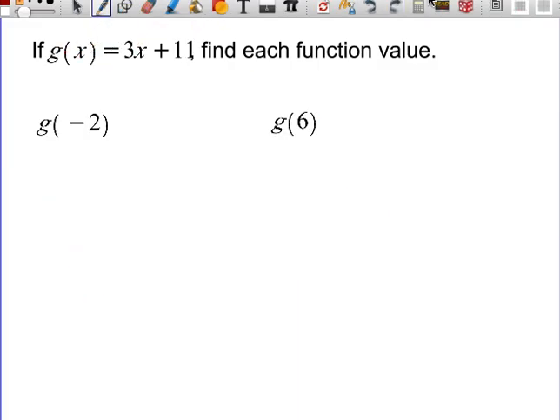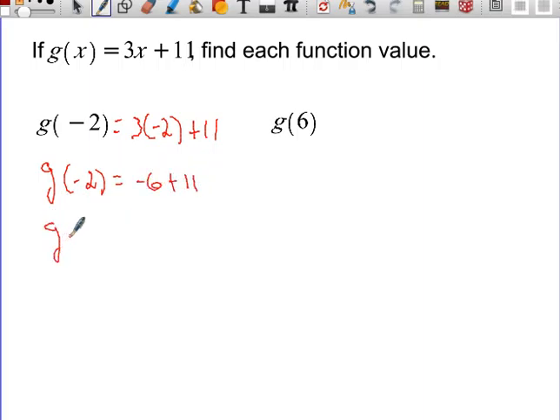If g of x, it's still function notation, still means the exact same thing, they're just changing the letter. So if g of x equals 3x plus 11, find each function value. What am I going to do for g of negative 2? Plug in negative 2. You're going to substitute negative 2 in for x. So 3 times negative 2 plus 11. G of negative 2 equals negative 6 plus 11. G of negative 2 equals what?